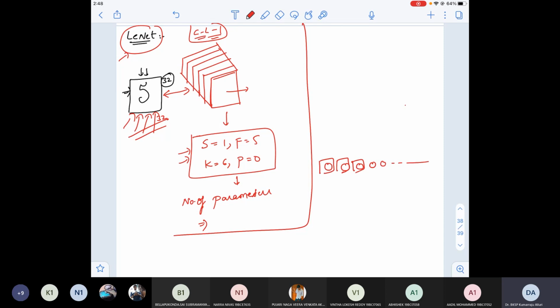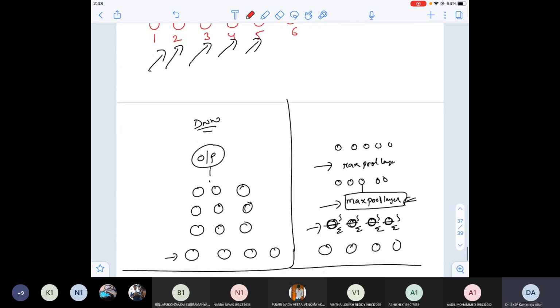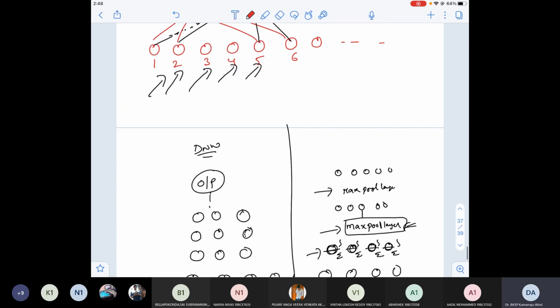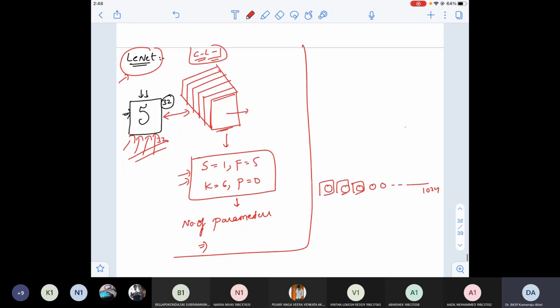Now, once I have all those inputs, I will have the convolution operation. I have already shown you what happens with one convolution operation, here. Now, like that, you have 28 by 28, 28 by 28, 28 by 28, 28 by 28, 28 by 28, 28 by 28. Now you can imagine the structure here and tell me the number of weights I require.